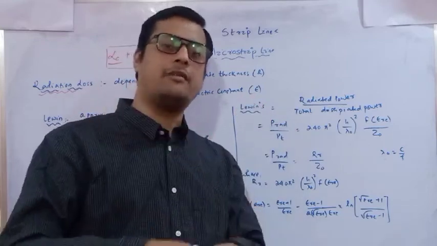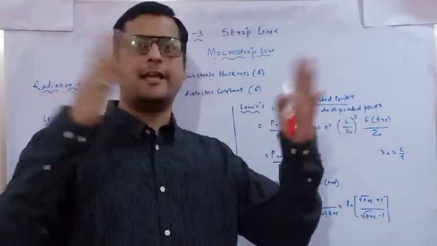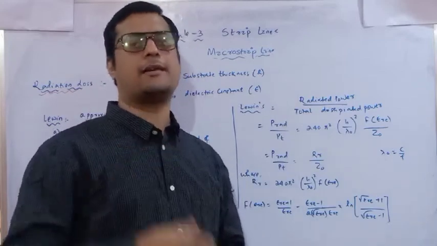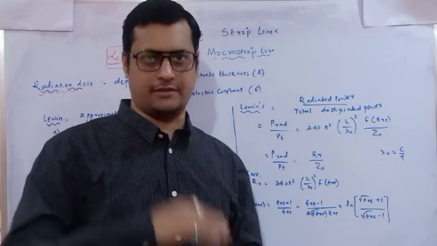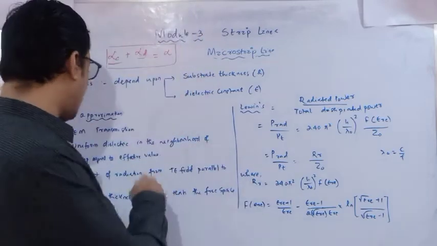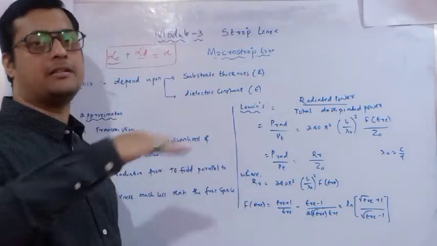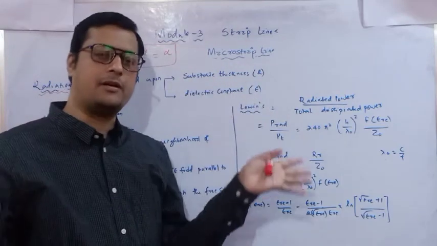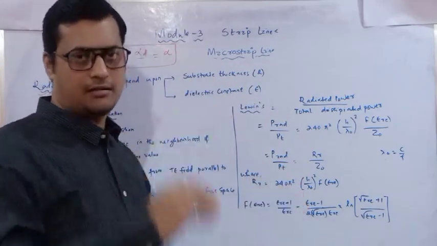Whatever radiation takes place is in the air medium. We are radiating the electromagnetic wave out of the microstrip line, so it will move out from the strip, not in a parallel mode.